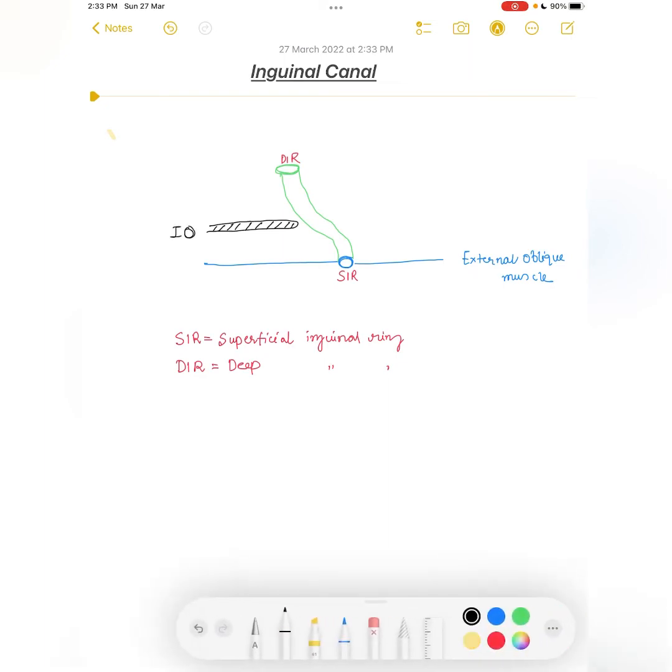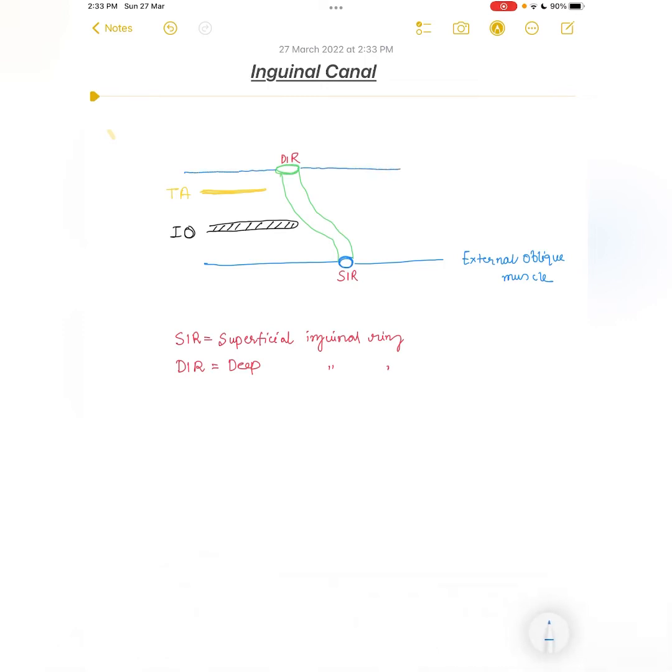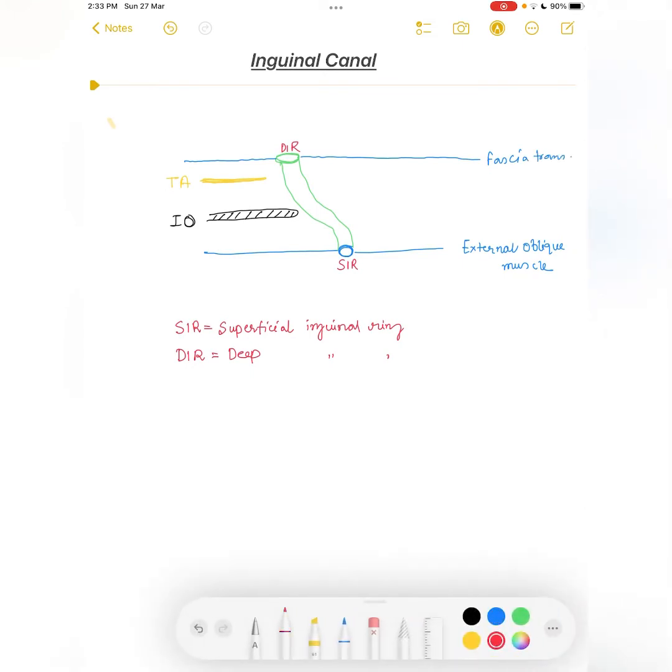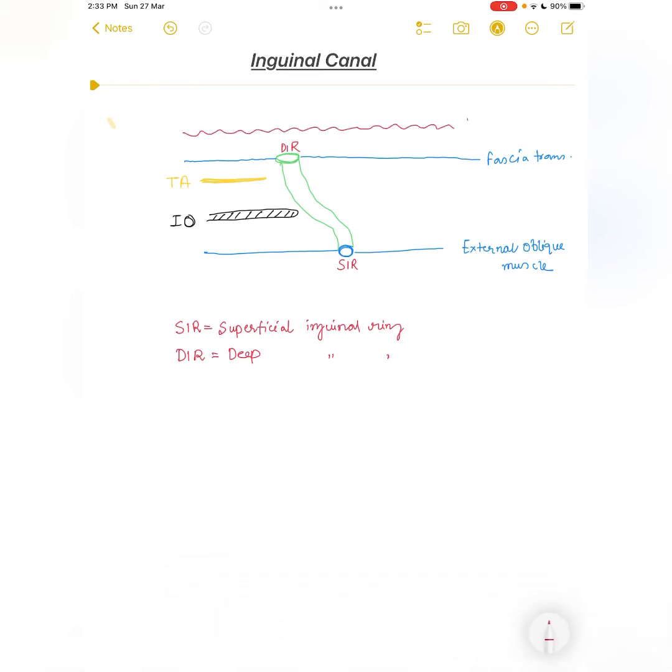And this is the transverse abdominis, and just behind it is the fascia transversalis. And ultimately this is the fold of peritoneum.